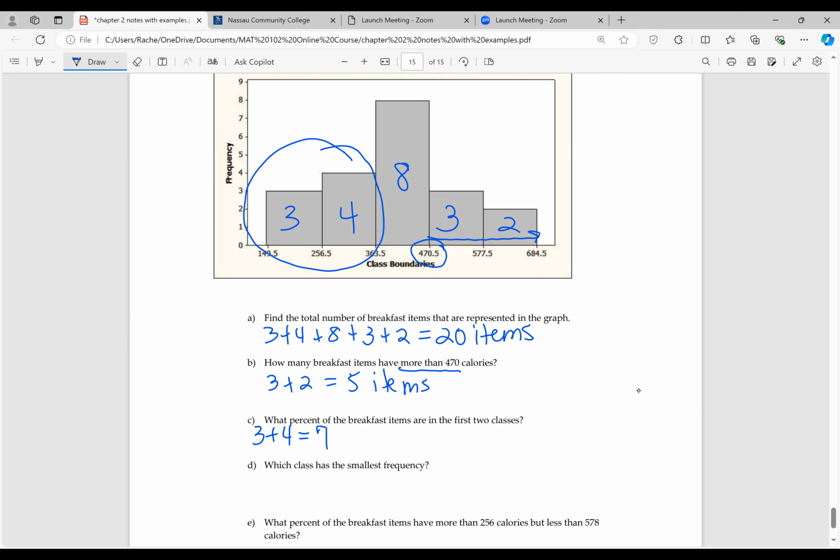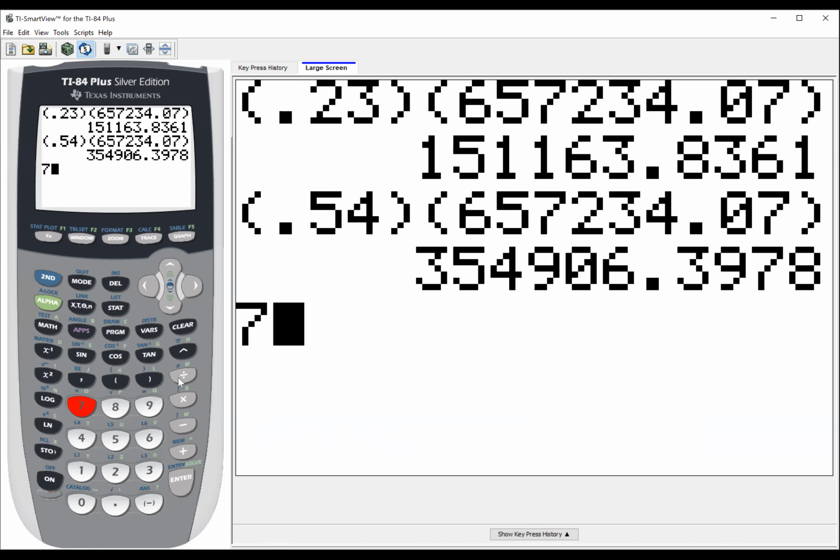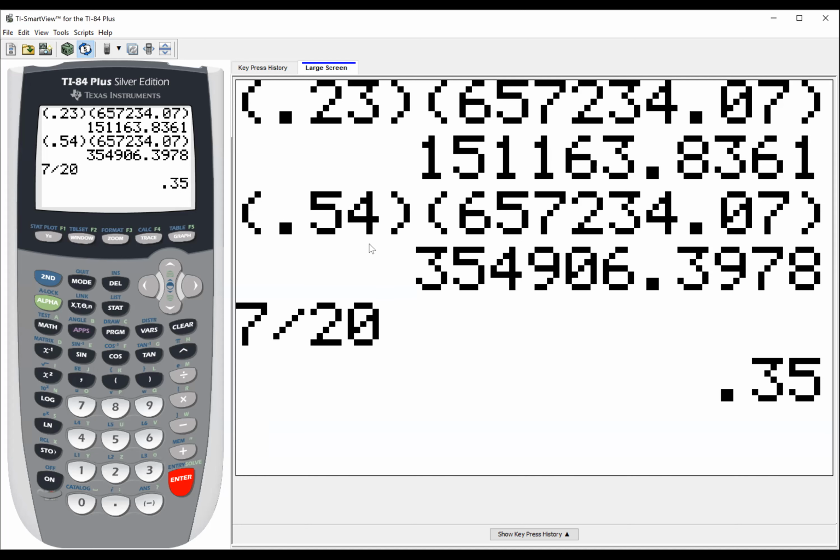So that's 7 out of how many altogether? How do I convert that 7 to a percent? Well, remember, there's 20 items altogether. So this is going to be 7 out of 20. And we could divide that out in order to get the proportion, right? So what's 7 out of 20? So if we go to the calculator and we do 7 divided by 20, we get 0.35.